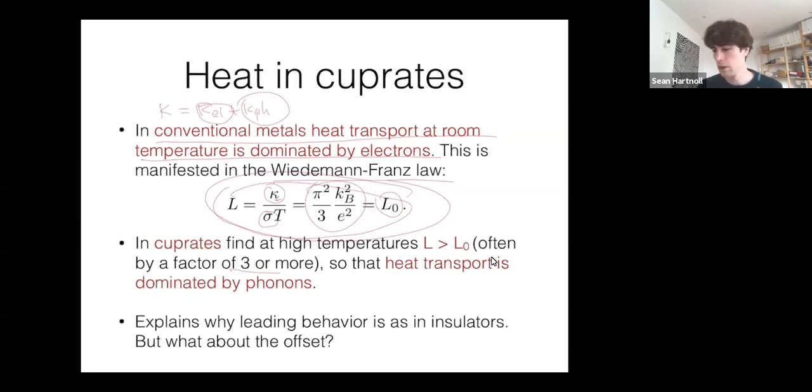For me, the picture is that the thermal conductivity is large relative to the electric conductivity, and this is possible because the electric conductivity is small. These are not good metals. You do not want to cook with a cuprate, because the electrons are not moving around fast enough and they don't conduct heat. So there's too much heat being carried, and all the behavior at high temperature looks very much like an insulator, which means it looks like it's carried by phonons.